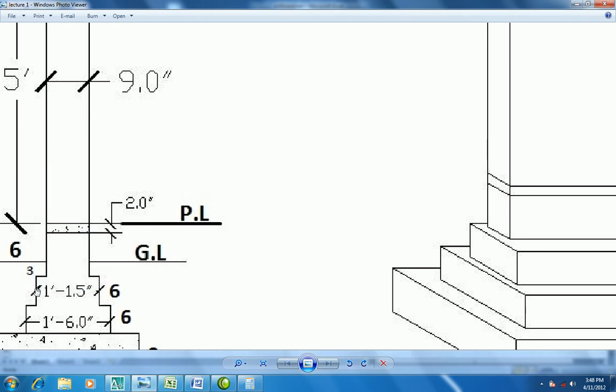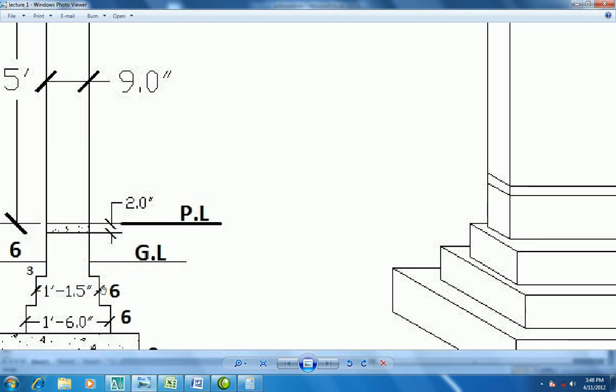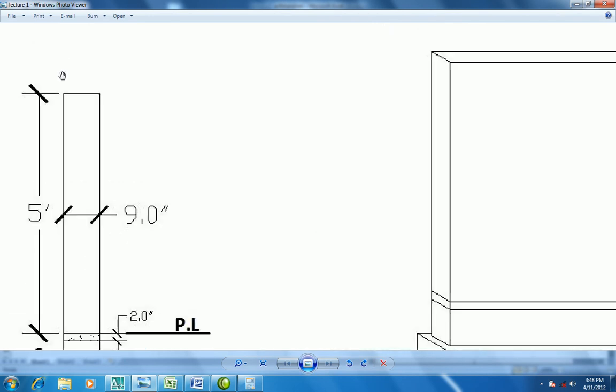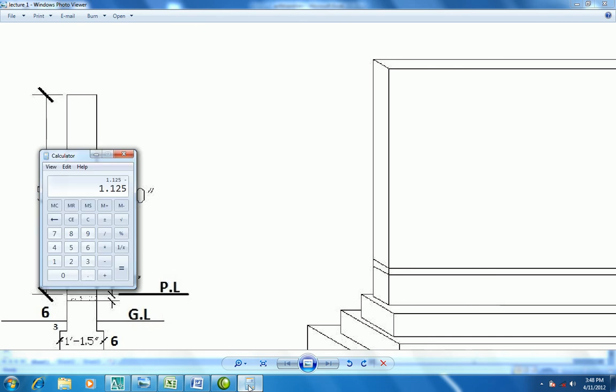Okay, so the place from here to there is 1.125 feet. That's okay. So now let me minus the top view of the wall, which is with us 9 inches, that's okay, this place. From this place we have to deduct. So let me minus it, that's okay, 0.75, so it will become 0.375.